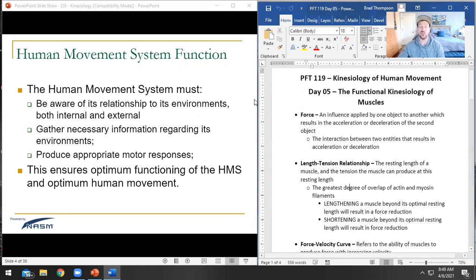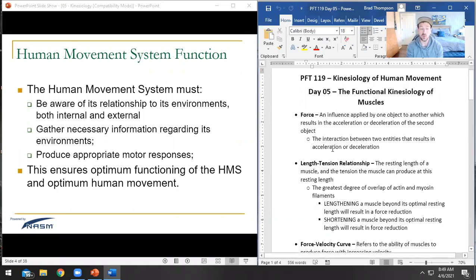Kinesiology, if we're looking at it, is about how our kinetic chain, the human movement system, works. It has to be able to interact with the surrounding environment. We have to be able to move through this world that we all live in, and have an ability to manipulate it here and there.